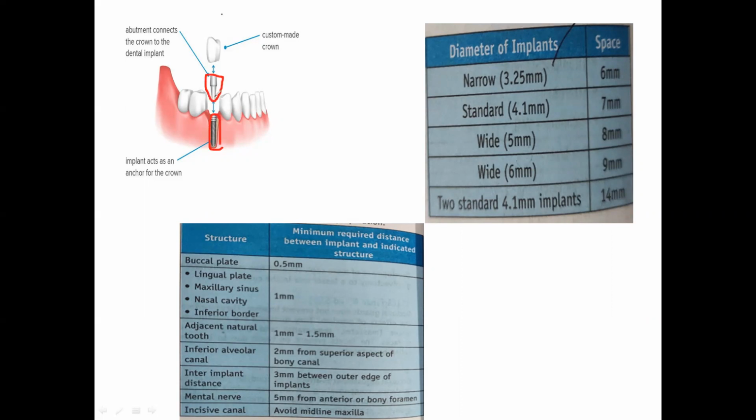That abutment is the one which will be, part of it will be attached to the implant and part of it will be attached to the crown, which we are going to make, or which will be custom made.